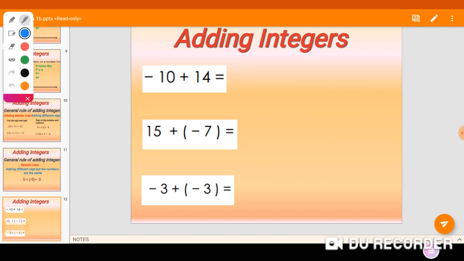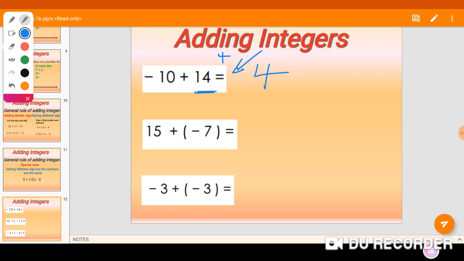Which one is bigger? It's 14. What is the sign of 14? Positive. We put positive, but we don't have to write the positive sign. And subtract: 14 minus 10 is 4. So the result is 4.